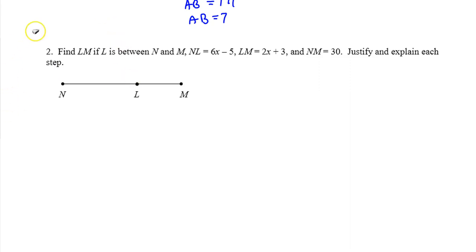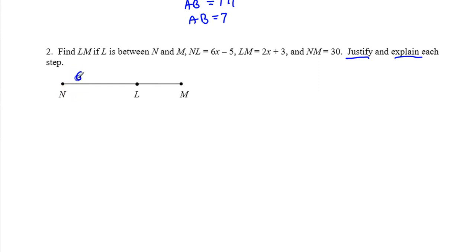Okay, so now we're going to get into some simple ways that we'll use these properties that we've talked about. The key couple of words here are justify and explain, or we want to prove these things that we know. So it says, find LM if L is between N and M, and I'm going to write this now on our document here.